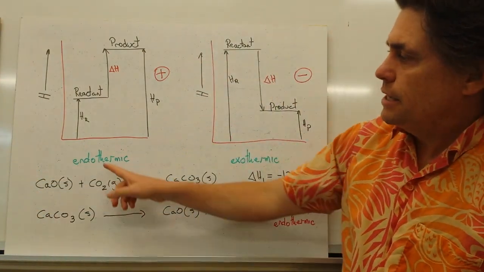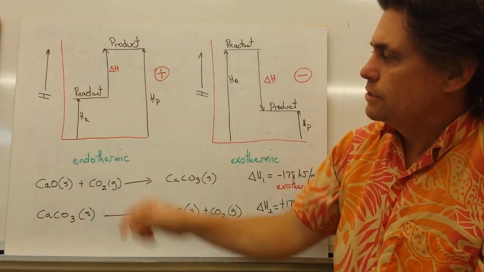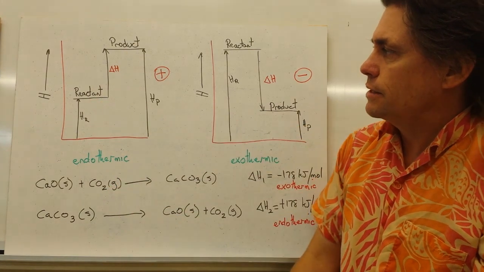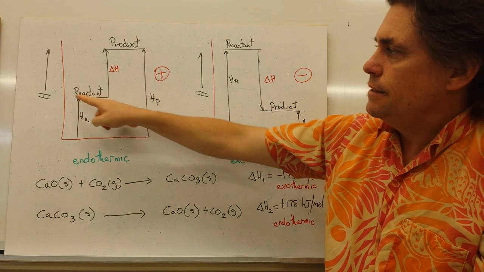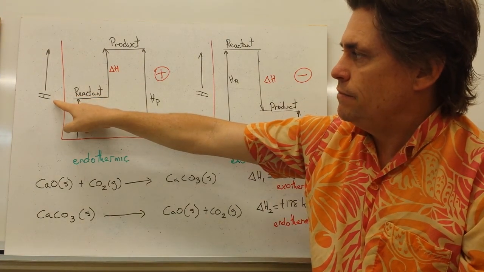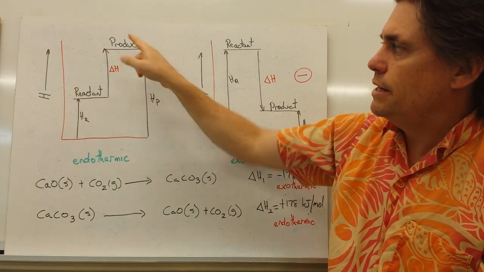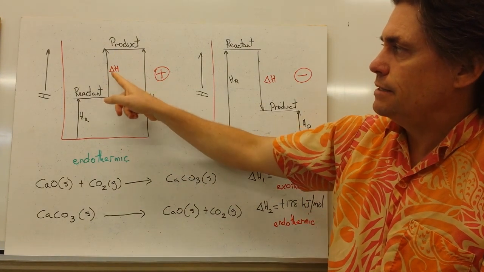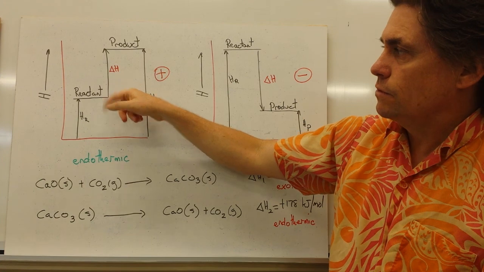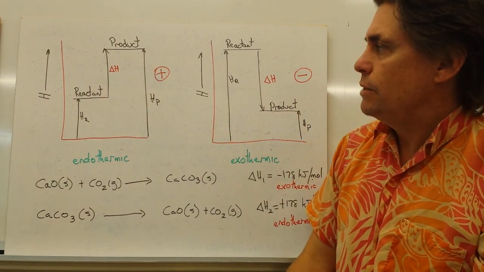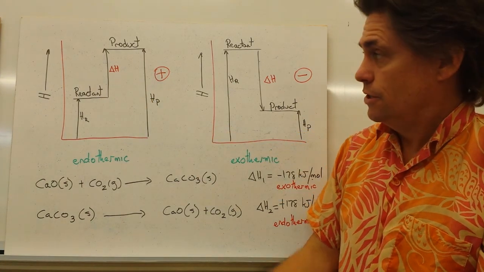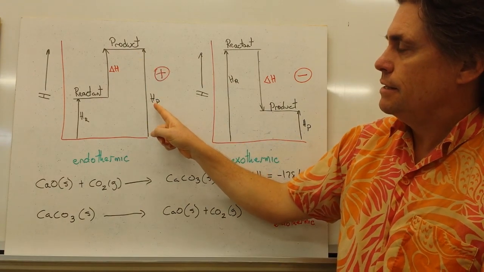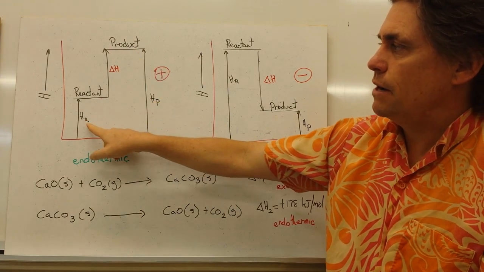On the left-hand side, we've graphically illustrated an endothermic reaction where we go from reactant to product. In this case, the H value, or the enthalpy value of our reactant, is lower than our product. So we have to put in some form of heat, we have to put in energy for this reaction to go from reactant to product. And this obviously gives us the heat of our products being higher than the heat of our reactant.